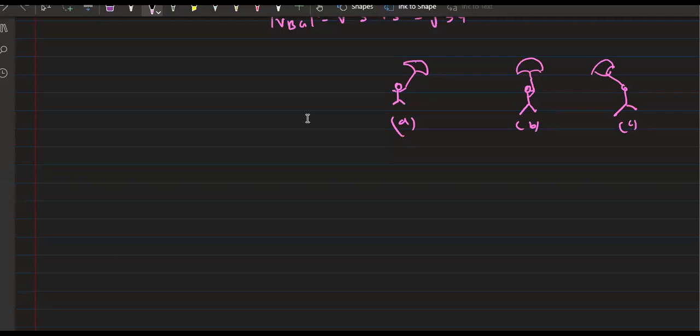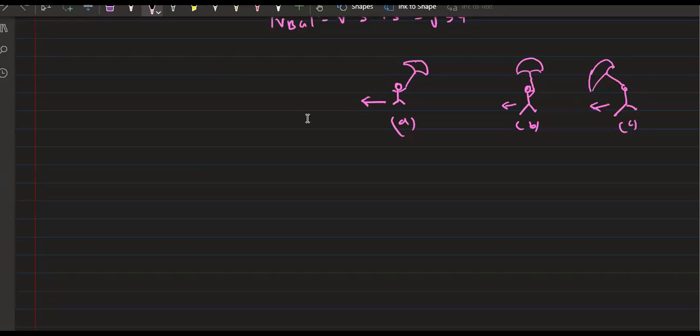Okay, so tell me, what is the general direction of your umbrella? A, B, or C? And you are going in this direction. In all the 3 cases, you are going in this direction, right? So A, B, or C, what will be the direction of your umbrella?